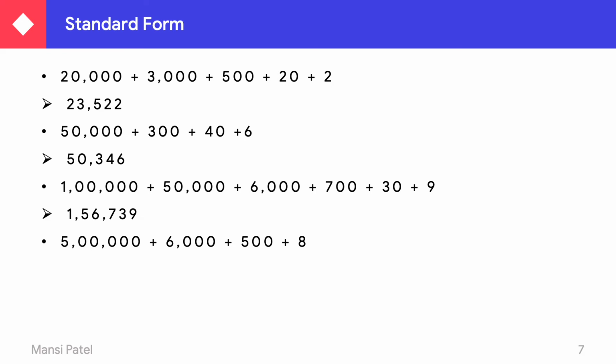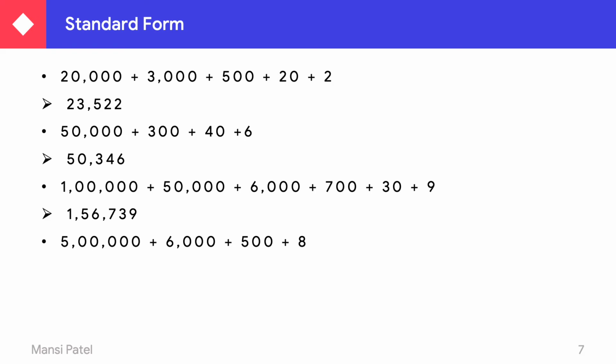Here you can see, here they will start from the lakh. Okay, but they were given only the 4 numbers to you for expanded form. Here they were not given the number for 10,000 and they were not given the number for tens place. So in this both place we have to put 0.